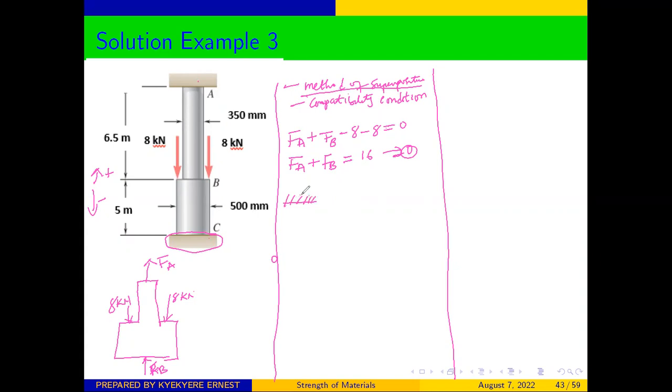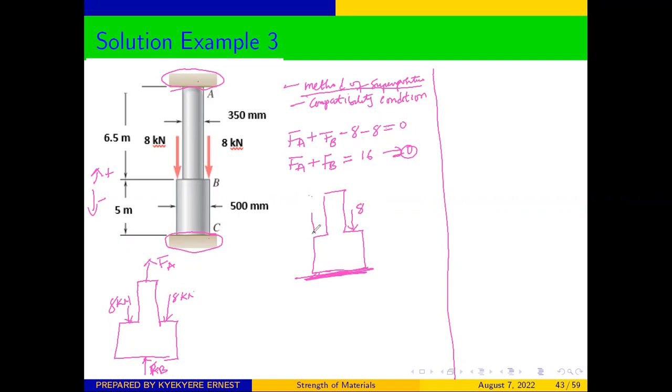You can decide to use A or B. Let us try to use A and assume that there is no support at A. So we can draw a free body diagram like this. There's no rigid support at A, and this is the ground. And we have our 8 here.